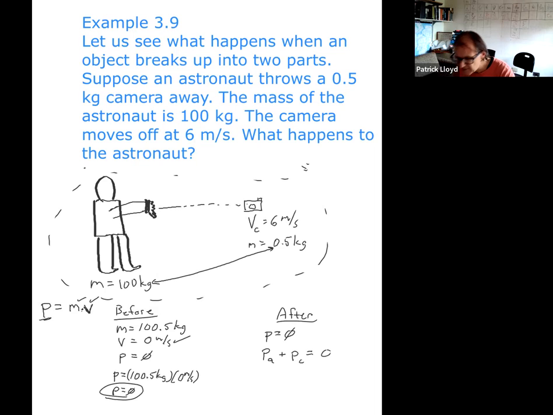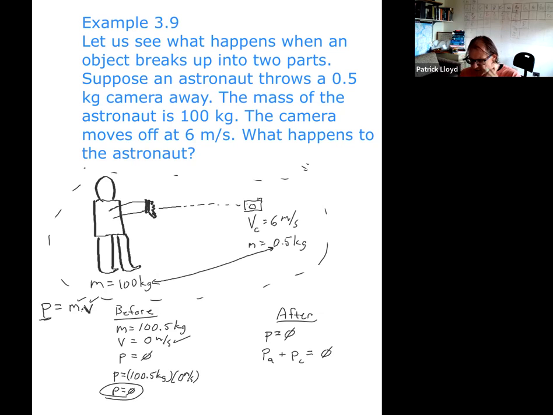Those two together have to equal 0. We're not going to claim that every particle is not moving. We know that something is moving. The camera is moving away from the astronaut. That means that the two momenta added together, that's the plural of momentum is momenta, these two momenta will add up to be 0, right? That's the conservation law.